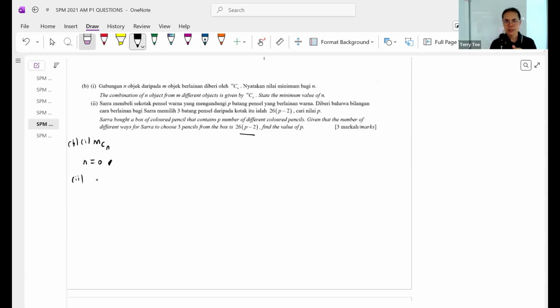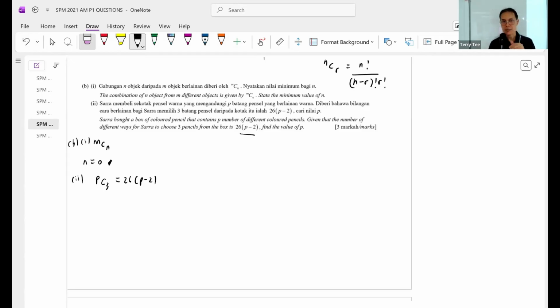There are p pencils, she chooses 3, and the number of ways equals 26(p minus 2). Let me just write my bracket nicely here.